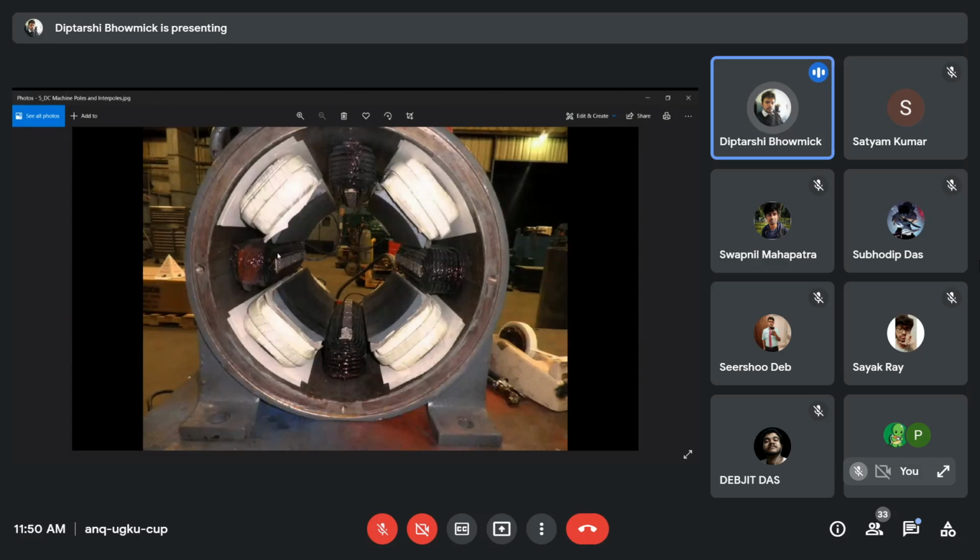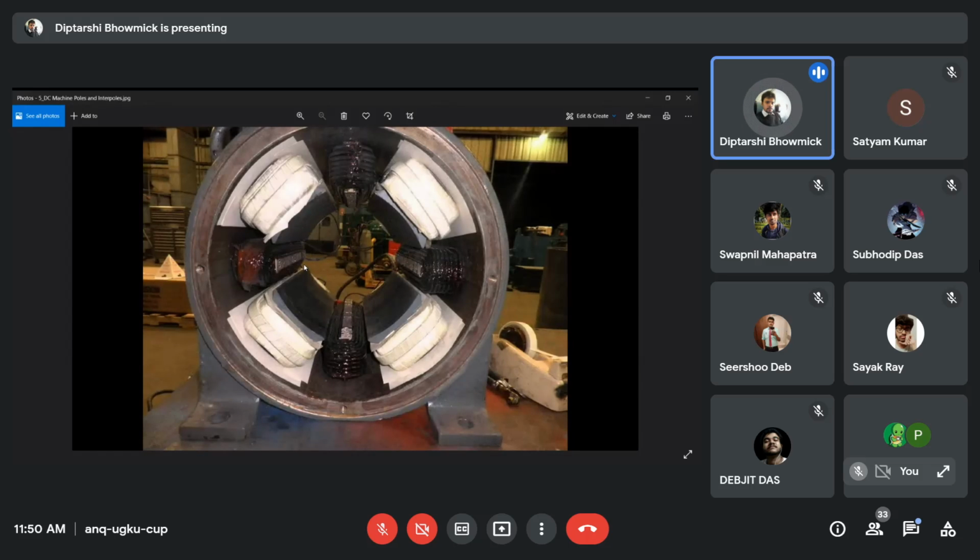There may be interpoles. I cannot say that there are interpoles. I must say that there may be interpoles, because interpoles may or may not be there in a DC machine. Interpoles are optional. We provide interpoles to reduce the armature reaction. Now, what is armature reaction? Armature reaction is something where, when the machine rotates, the flux gets distorted.